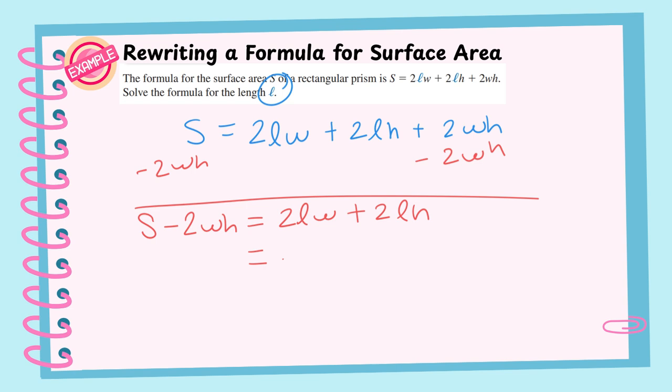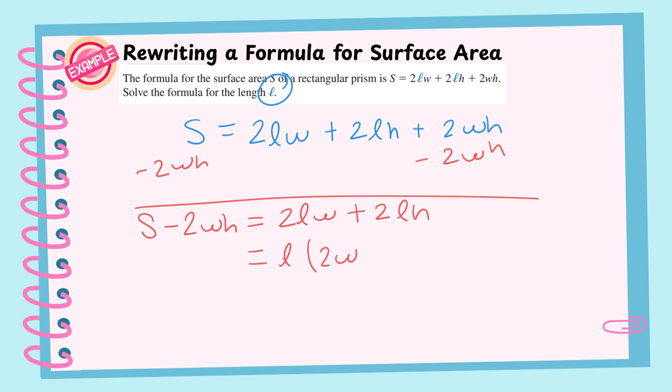I'm just going to factor in L and H. Or should I factor in L as well? I'm going to factor only the L and H because I'm solving for L. That's the one that I want to do what? Leave alone, right?